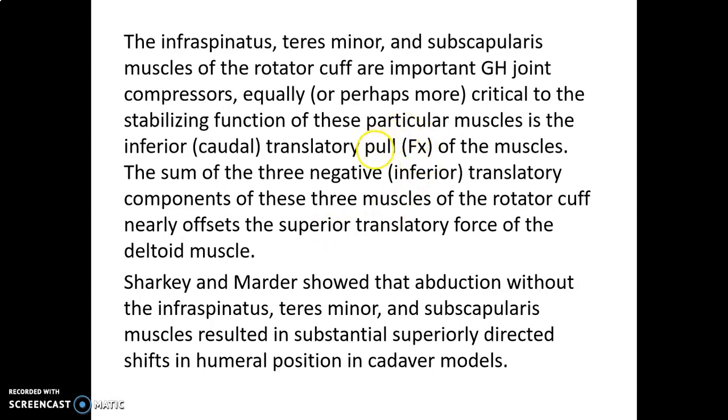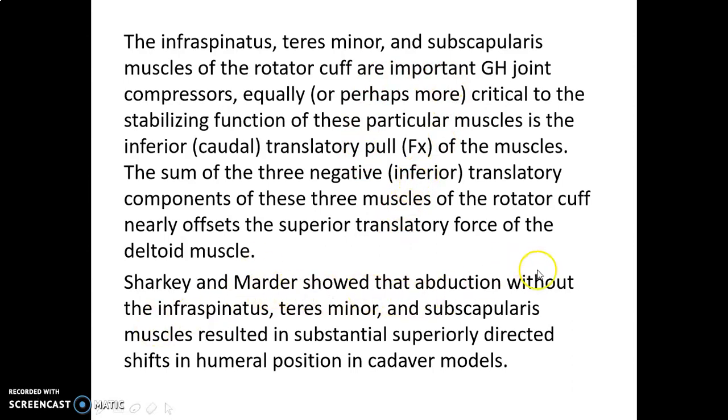So we can say that the deltoid and the ITS muscles act in a counteracting reaction force. Together they produce an action: the deltoid producing a superior translatory force, and the ITS producing an inferior translatory as well as a compressive force. This creates a situation where the supraspinatus can easily abduct the shaft of the humerus.